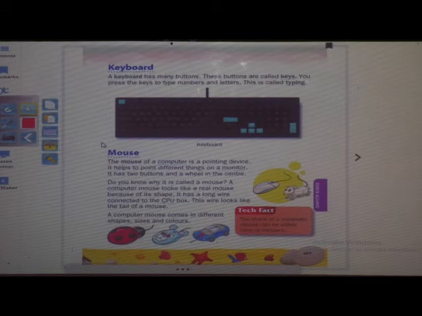You press the keys to type numbers and letters. This is called typing. When you press the keys on the keyboard, that is called typing. And on the keyboard there are numbers and letters, and also different symbols.